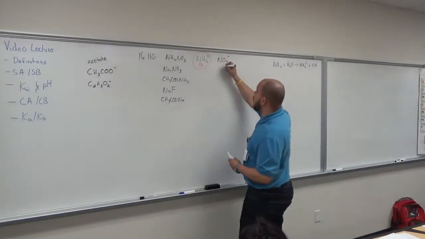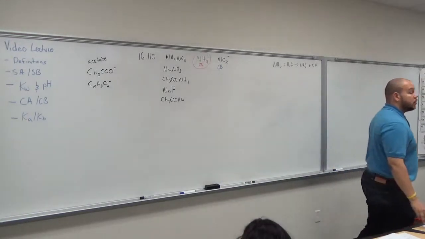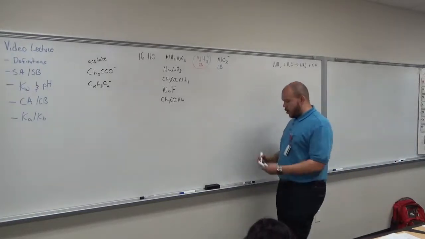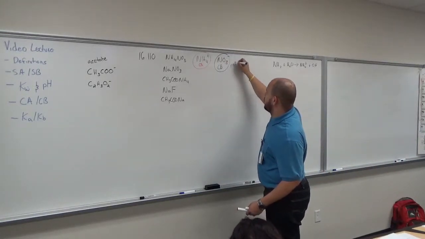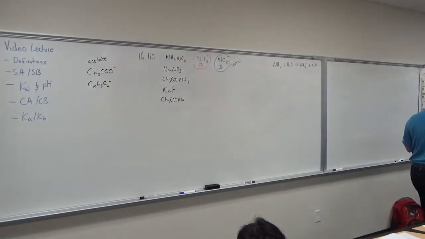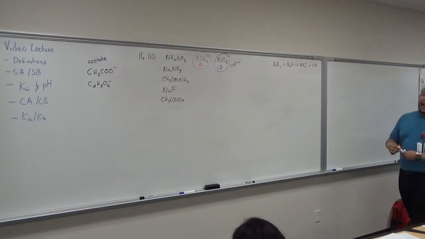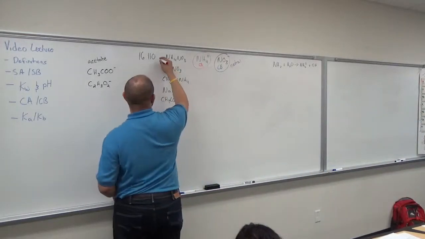It's a conjugate base of a strong acid, nitric acid, HNO3, therefore neutral. You have to be able to recognize conjugate. That's why I said get in the habit of just writing conjugate acid, conjugate base. So, as far as it pertains to acidity, we do expect this to be acidic.